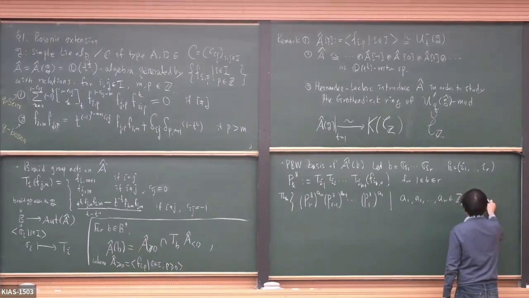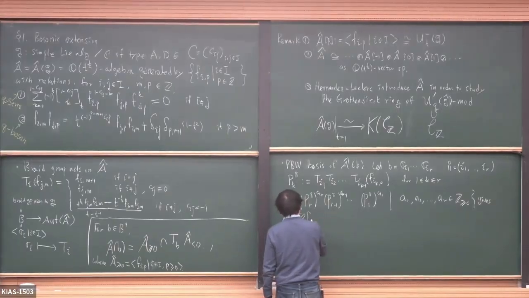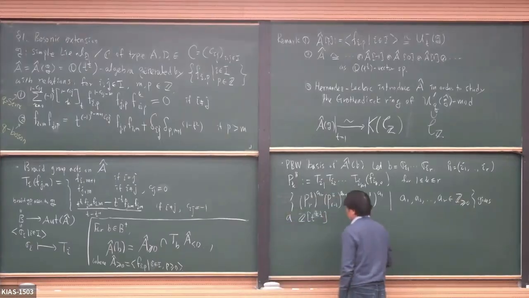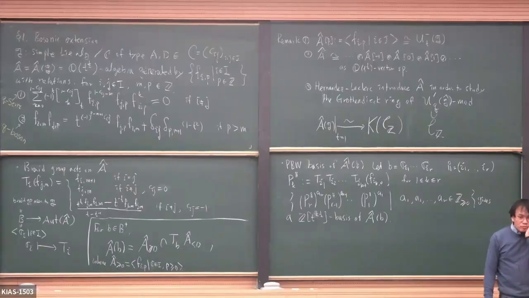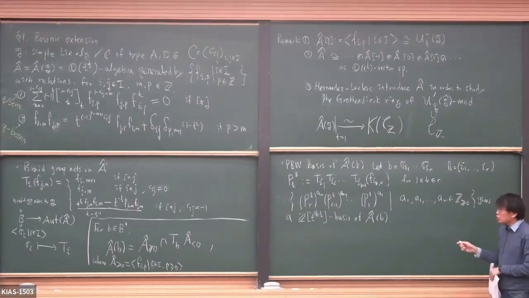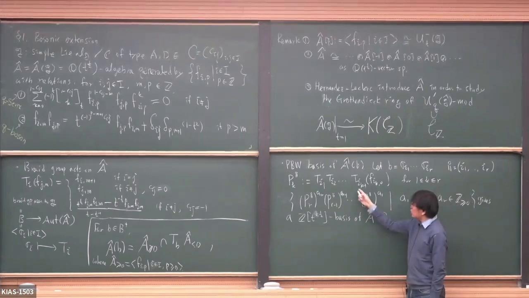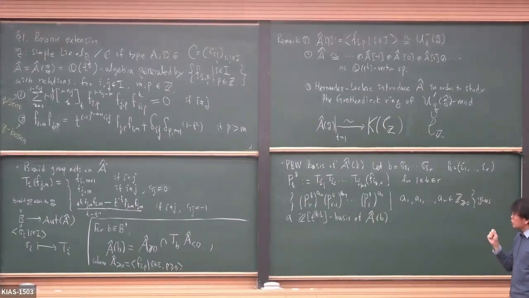It gives a basis over the Laurent polynomial ring, a basis of A hat B. We call these elements the PBW generators, and the ordered product of PBW generators gives the basis. That's the PBW basis.